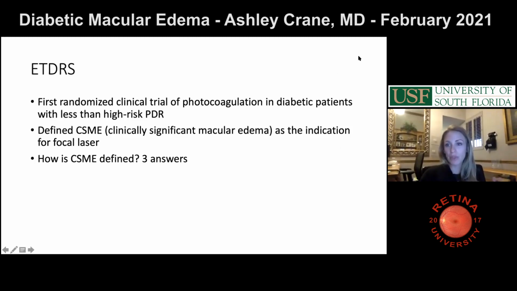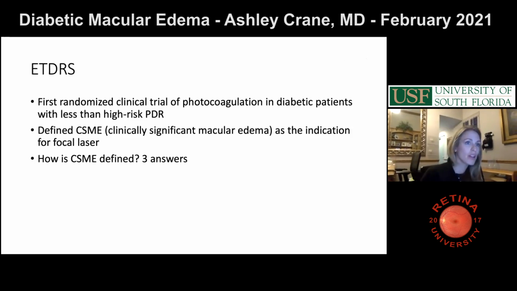Now, this is really important. It's not something we use a lot these days because it's by the slit lamp, not by the OCT. But please, somebody tell me any of the three answers of what is CSME? Retinal thickening near the macula. You go ahead, Sahas. Jacob, we can tag team it.